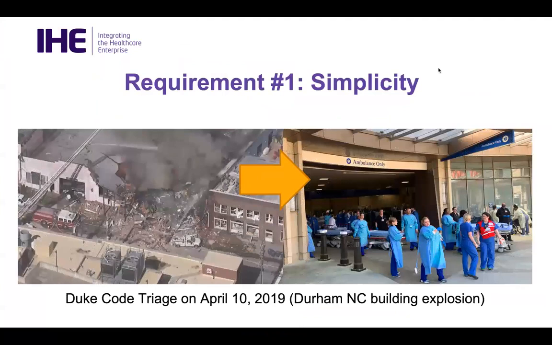So the photos are from a building that exploded, unfortunately, in April in my town, and we called it code triage. And there were a small army of care providers, nurses, staff outside of our ambulance bays waiting for the people to roll in. And lots of the people that come to us in settings like this, you don't know their name, you don't know anything about their medical history.